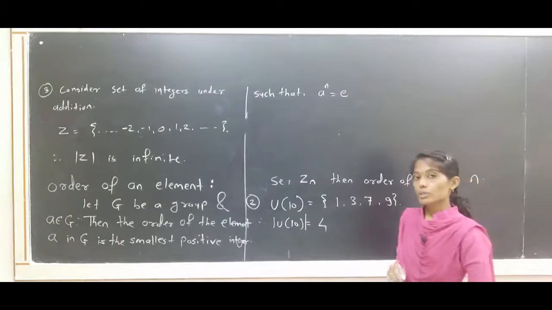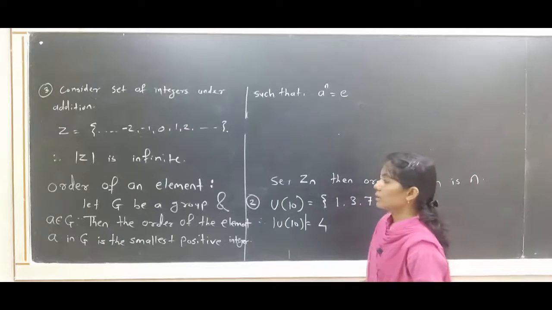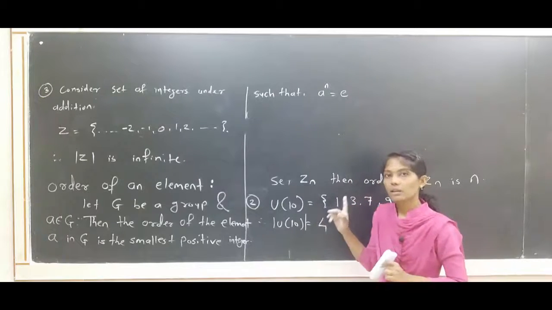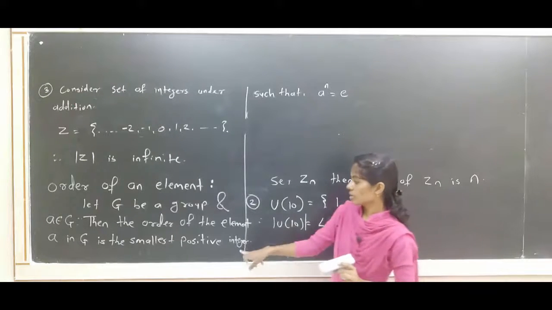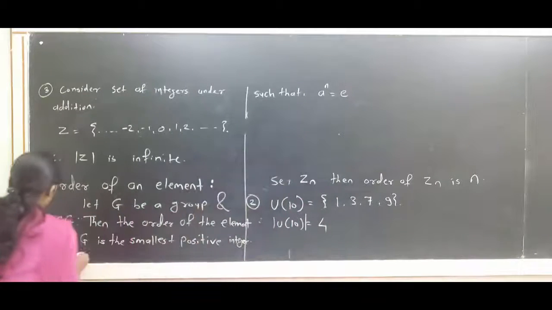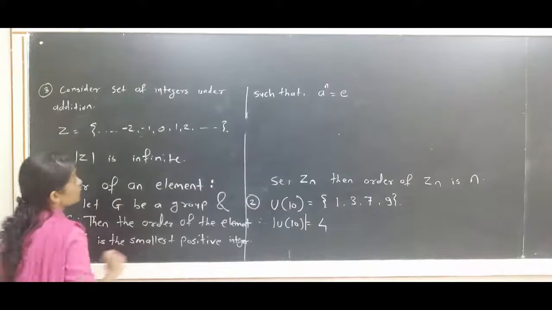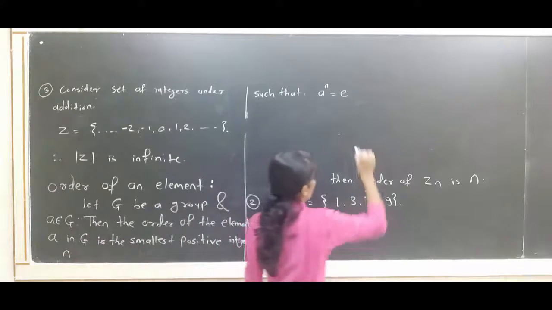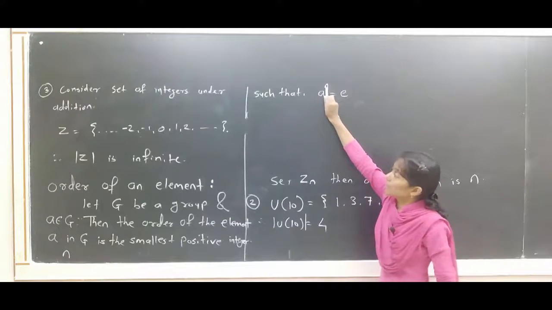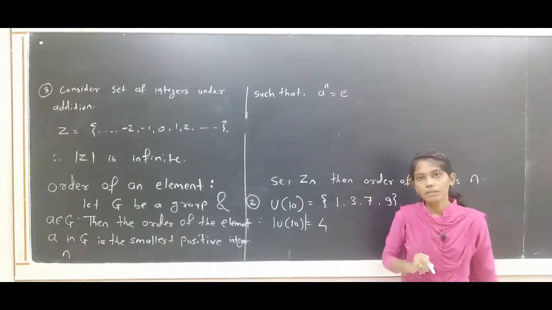Okay, so here the order of an element a that belongs to the set G is the smallest positive integer n such that a raised to n is equal to e. So this integer n is called the order of the element.